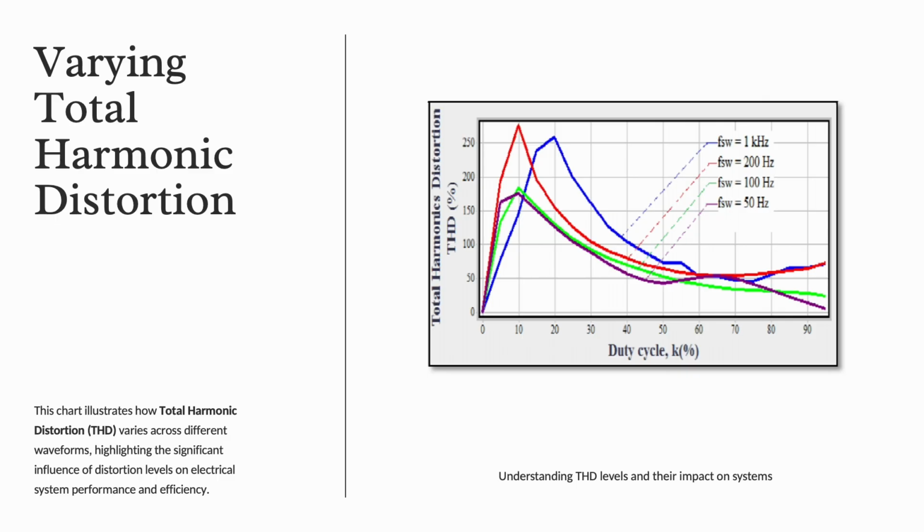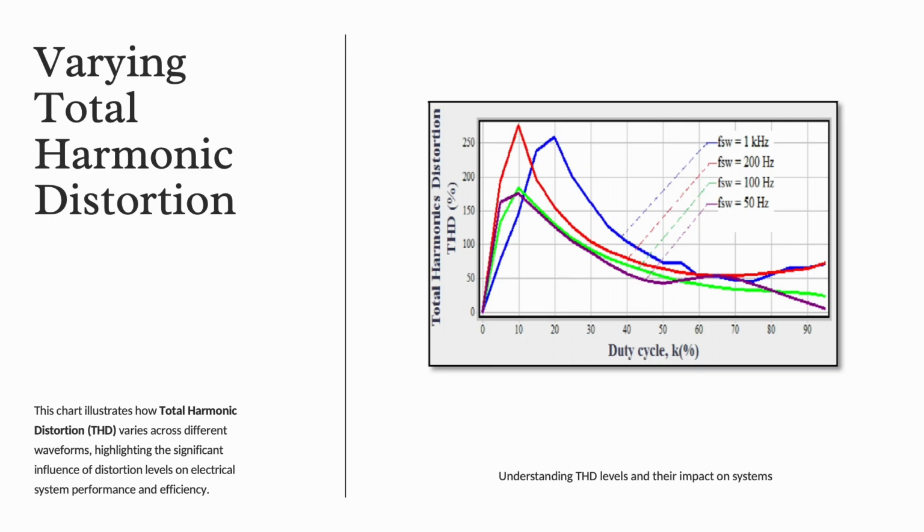So beyond a point, increasing duty cycle actually reduces THD. Another important thing we can notice is that higher switching frequencies generally give lower THD, especially at medium and high duty cycles. So that's why the 1 kHz curve stays relatively lower compared to the 50 Hz or 100 Hz curve.